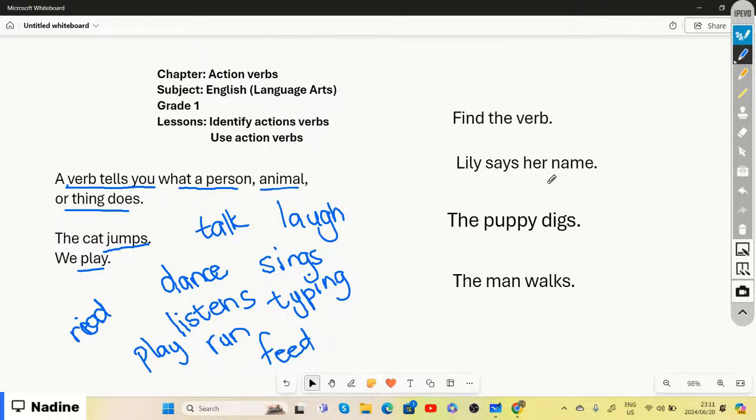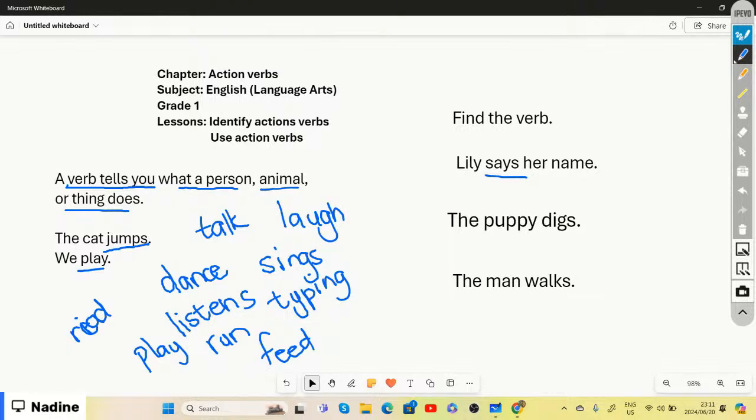What do you think is the verb within that sentence? So says is something that Lily does, right? What did Lily do? Lily says. So that is our verb.